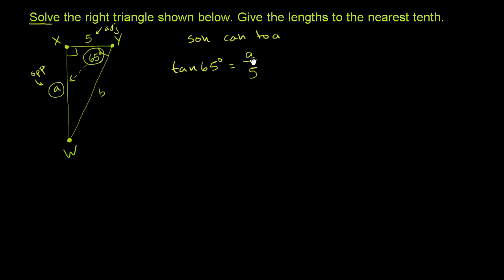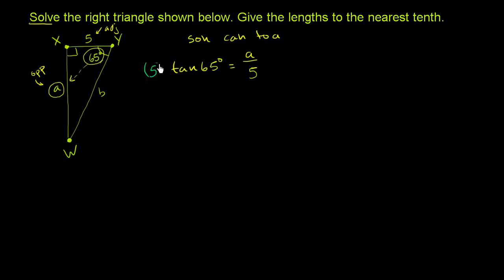And you might say, well, how do I figure out A? Well, we can use our calculator to evaluate the tangent of 65 degrees, and then we can solve for A. If we just want the expression explicitly solving for A, we can multiply both sides of this equation times 5.